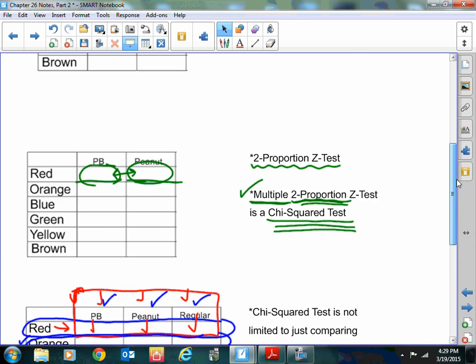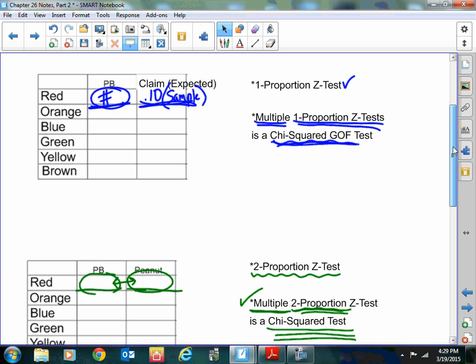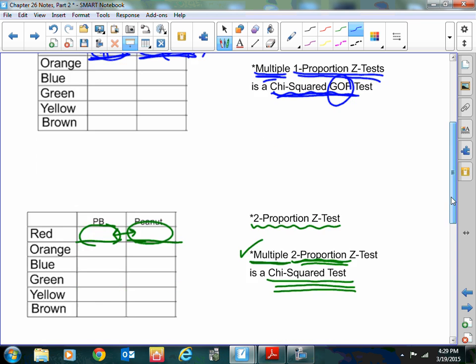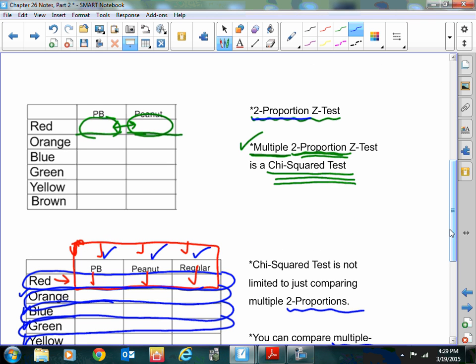All right, in summary, you can have one proportion z-test and a bunch of them. That's the goodness of fit. You can have two proportions, but you can have a bunch of them. That's the chi-squared test.